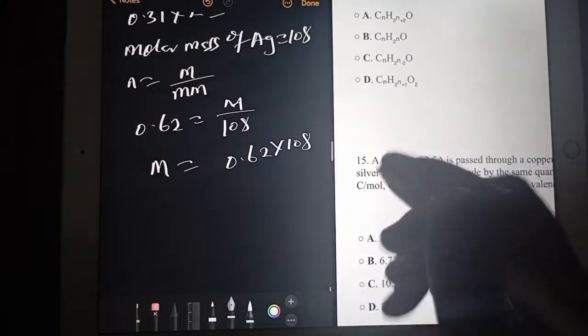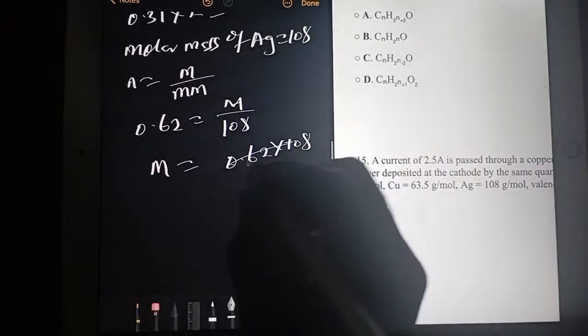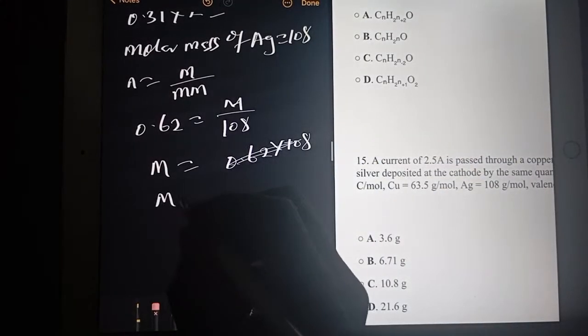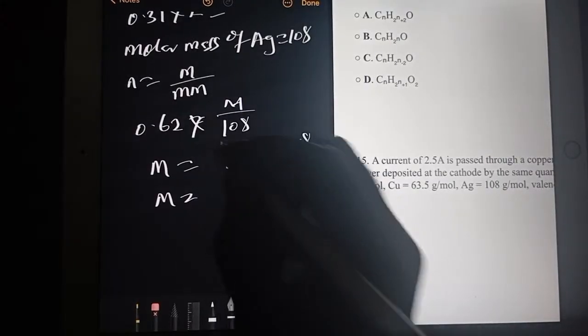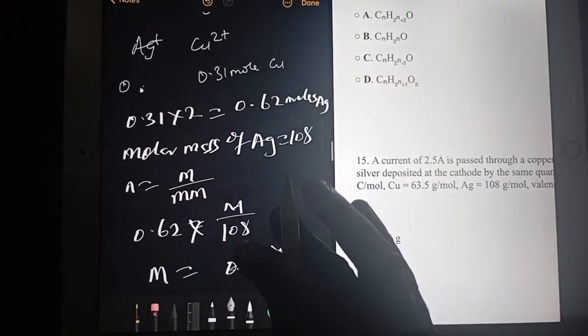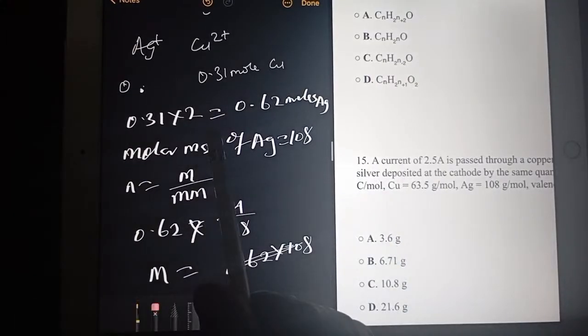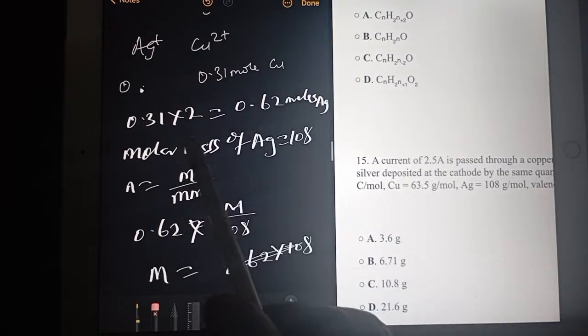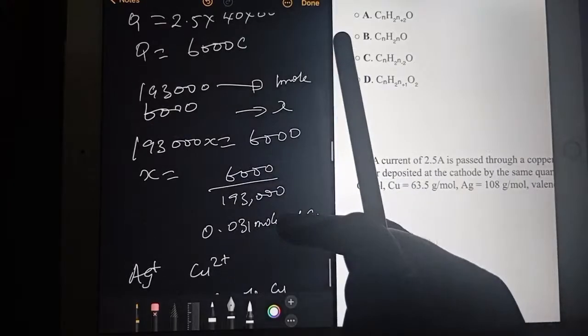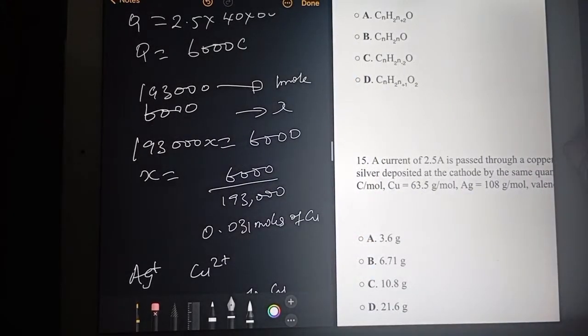No, it's not times, it's divide, please. So mass is now equal to, no, it should be times. Where is the error coming from? 0.31 times 2, of course, will give us 0.62. Then mass, let me check the solving here again.